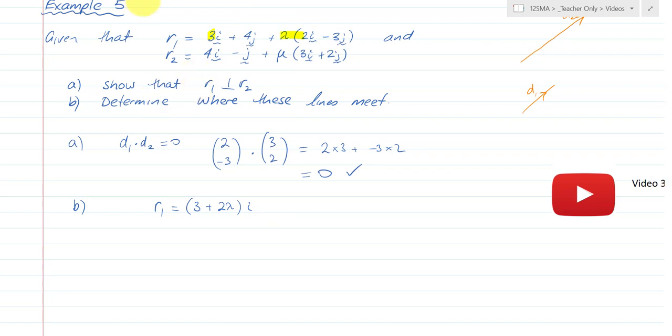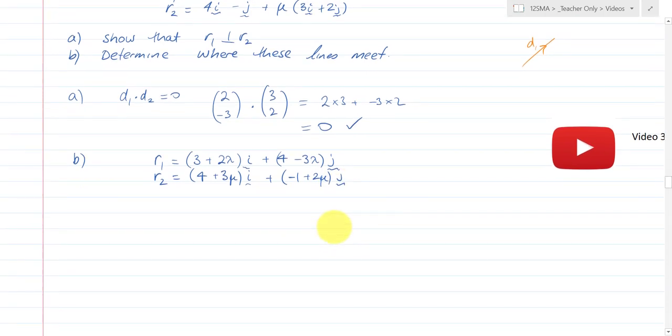And then I'm going to get (4 minus 3 lambda) j, which comes from 4 and minus 3 times lambda, j. And R2, using the same methodology, is (4 plus 3 mu) i, and plus (negative 1 plus 2 mu) j. That's R1 and R2.